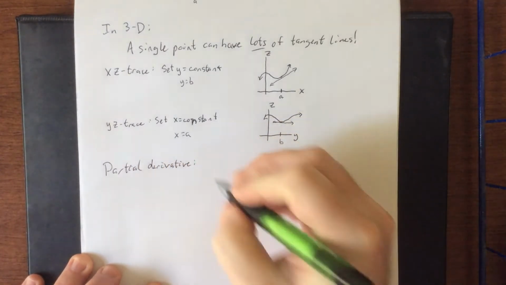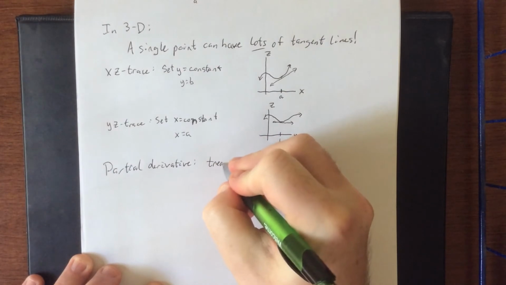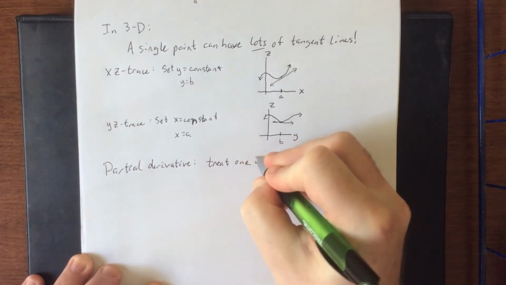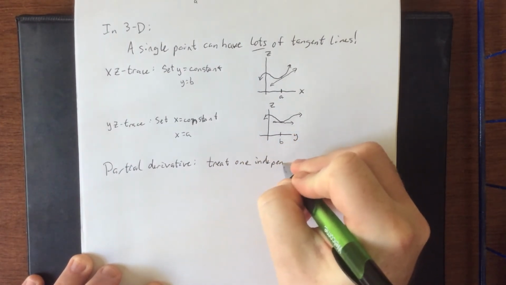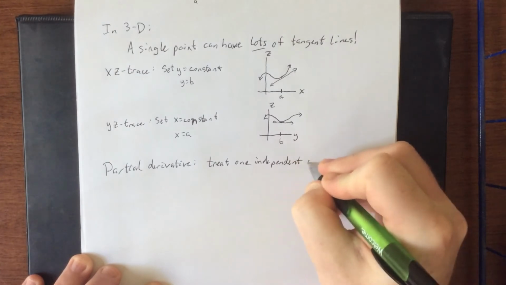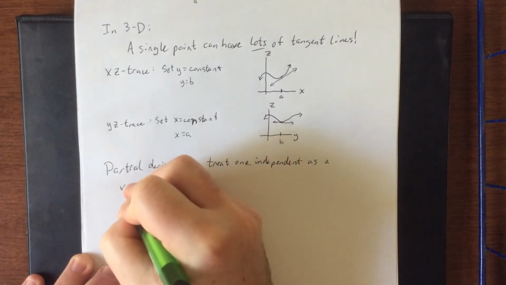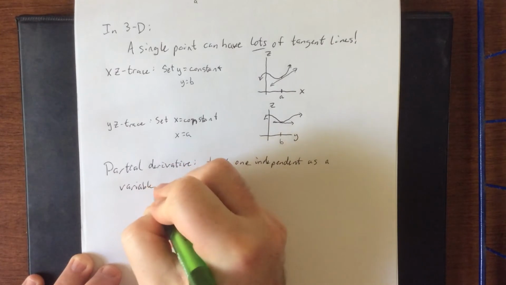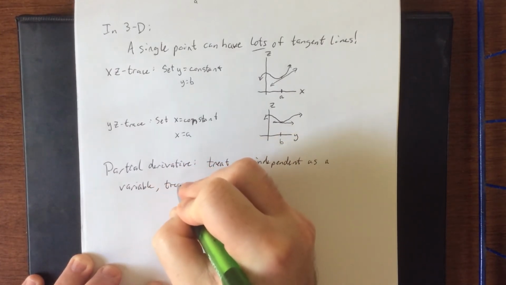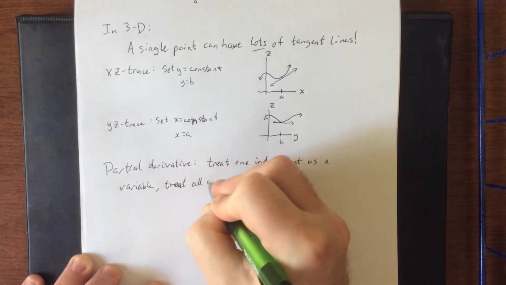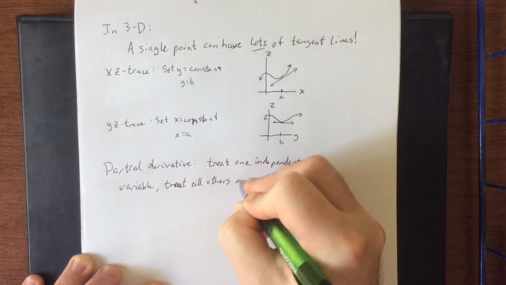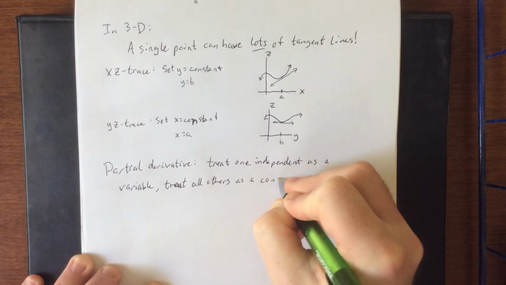So for a partial derivative, you are going to treat one independent variable as a variable, and we are going to treat all others as a constant.